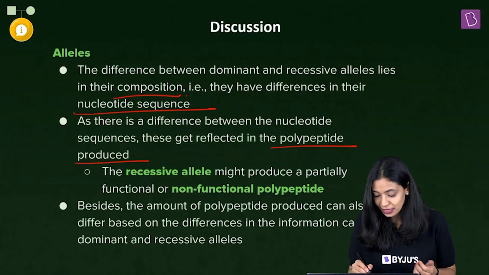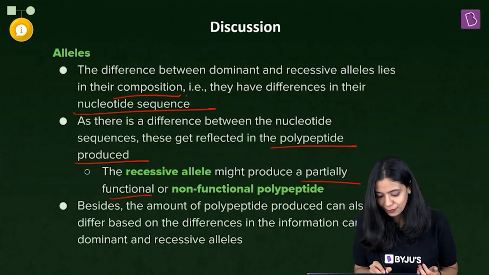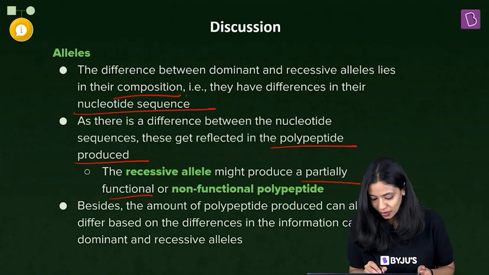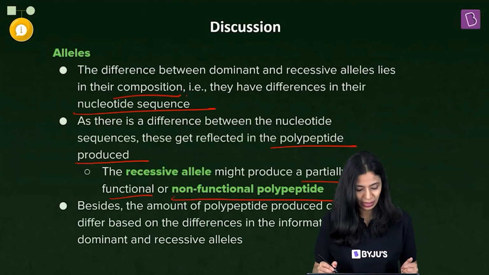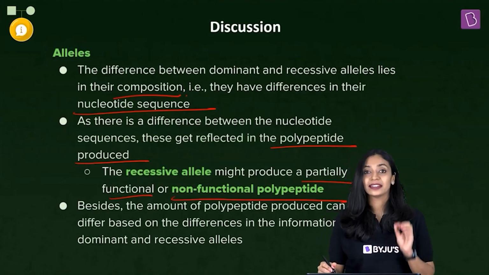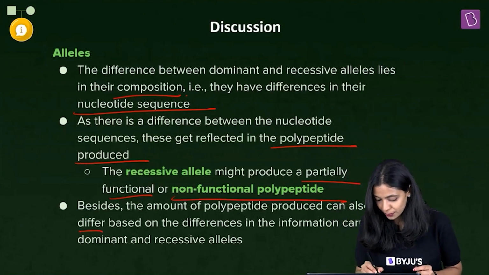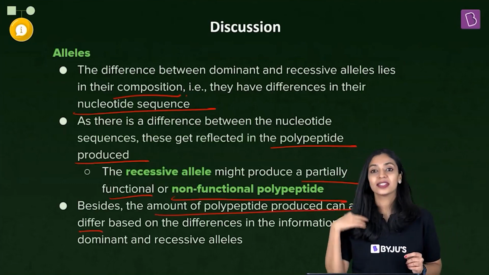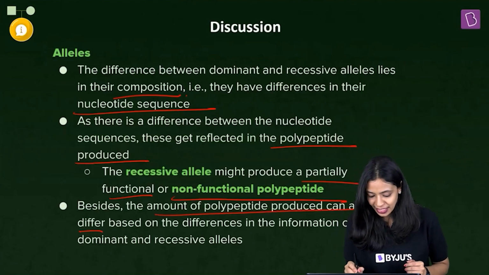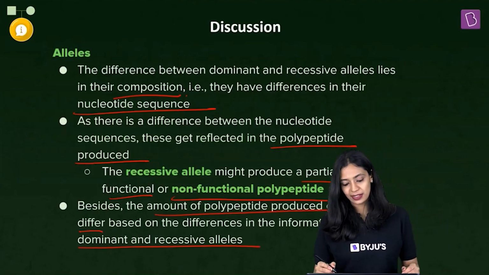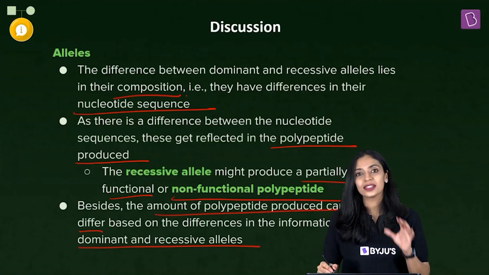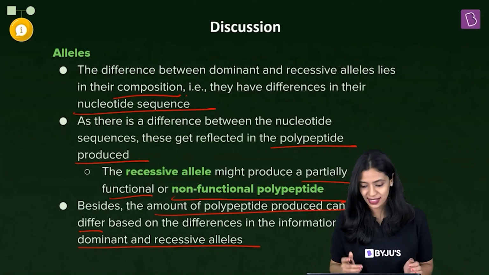The recessive allele may produce a partially functional, semi-functional, or completely non-functional polypeptide. Apart from that, the amount of polypeptide that is produced can also differ based on the differences in the information carried by the dominant and recessive alleles. These are the differences between the dominant and recessive alleles.